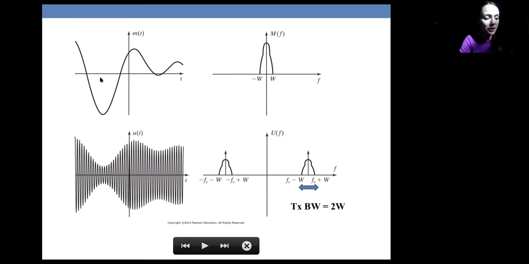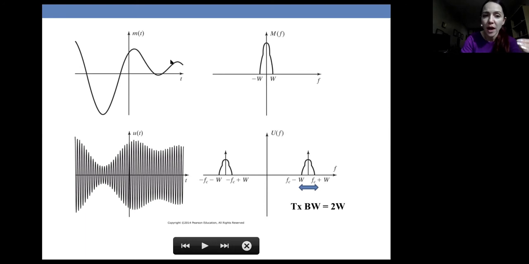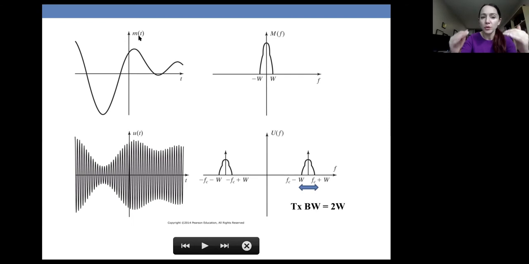There would be oscillation on top that matches the shape of m of t. Now we're taking m of t and raising it up by a constant. Essentially, we take Ka times m of t, add 1 to this, so raise it up, and then we multiply by the carrier.